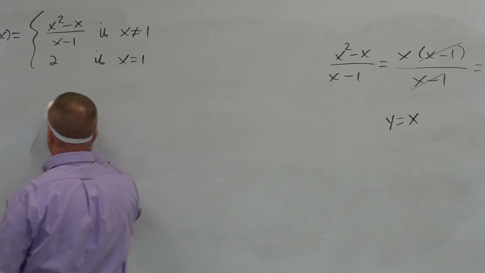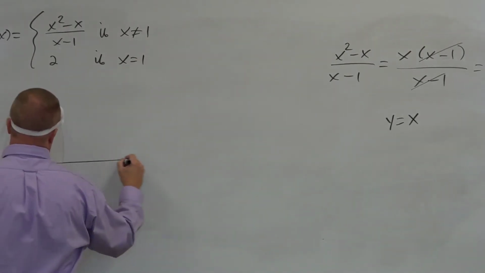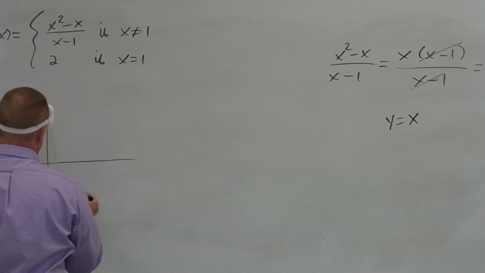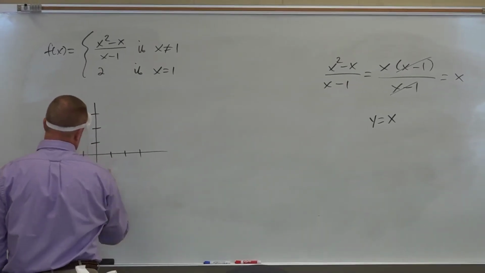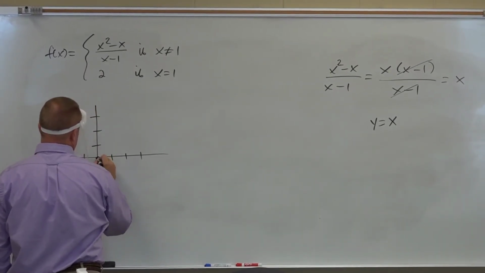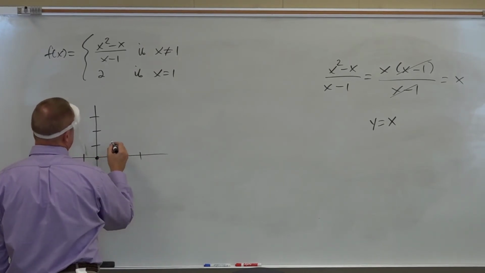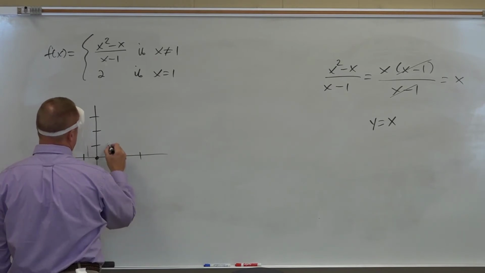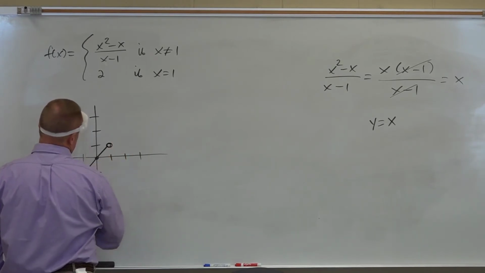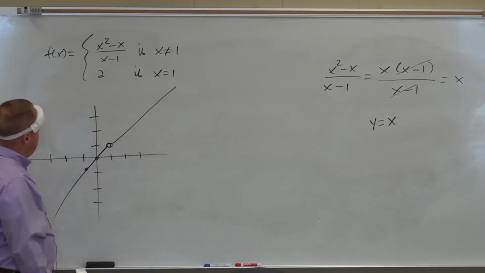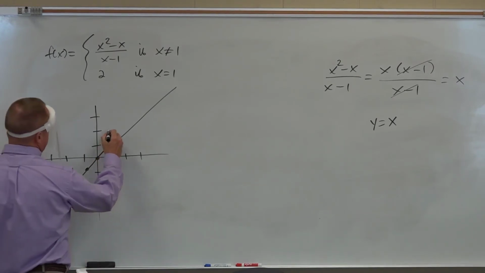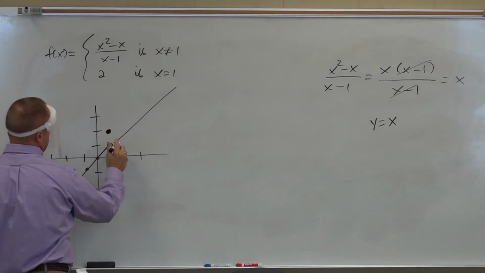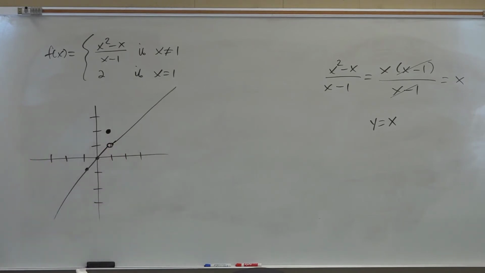So I would just graph that line there, except when x is 1, which would be right there. So that would be the top one, okay? And then the bottom one, I need to graph 2 right there. That would be the graph of that piecewise function.